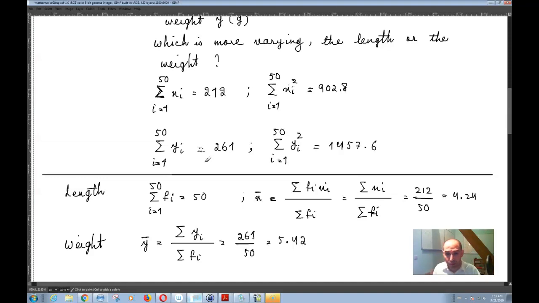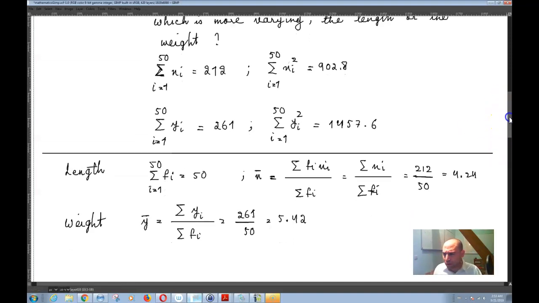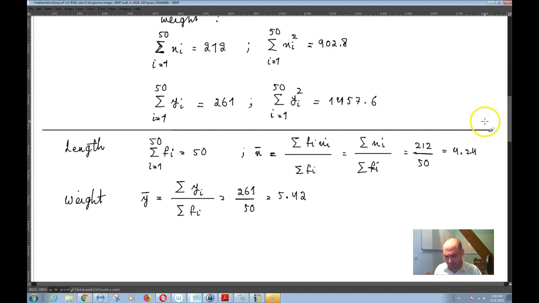Now in order to do that, I need to calculate, for example, sigma squared, which is variance, and that is equal to 1 over n times sigma of f of i times x of i minus x bar whole squared, as i goes from 1 to n.